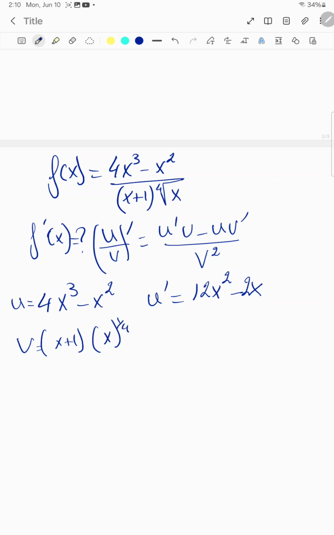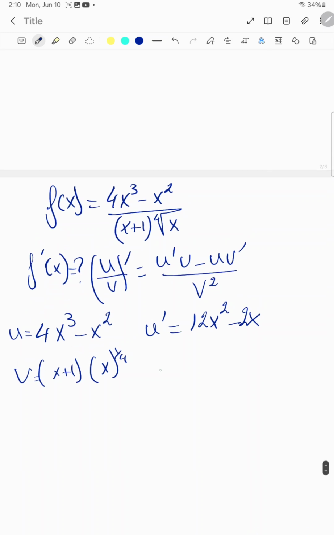Yeah? And if I look at my v, it is like u times v, which is u prime v plus u v prime. Or because I used v, u times w, which is u prime w plus u w prime. Whatever. So in my case, let's choose different letters because I don't want to mix you up.